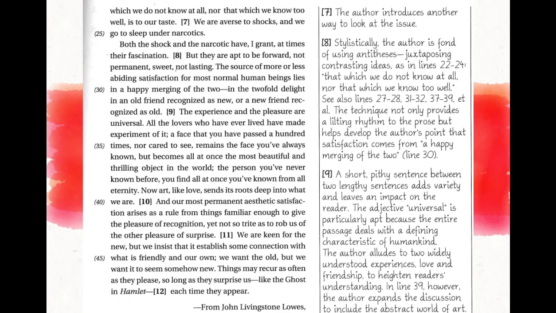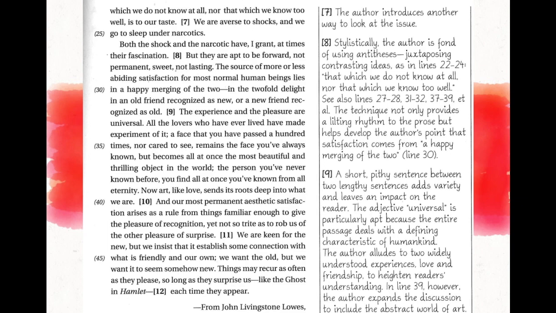They're juxtaposing these contrasting ideas when they're talking about new friend is old, old friend is new. That which we do not know at all, nor that which we know too well. Almost contradictions within themselves. The technique not only provides a lilting rhythm to the prose, not just this but this, not just this but this, but helps develop the author's point that satisfaction comes from a happy merging of the two.